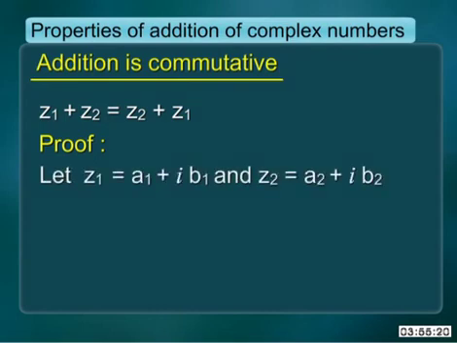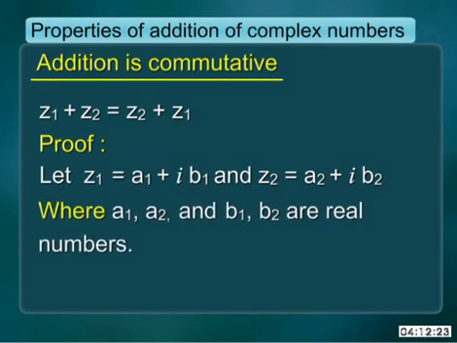Let us prove the above property. Let Z1 equal to A1 plus iota B1 and Z2 equal to A2 plus iota B2, where A1, A2 and B1, B2 are real numbers.